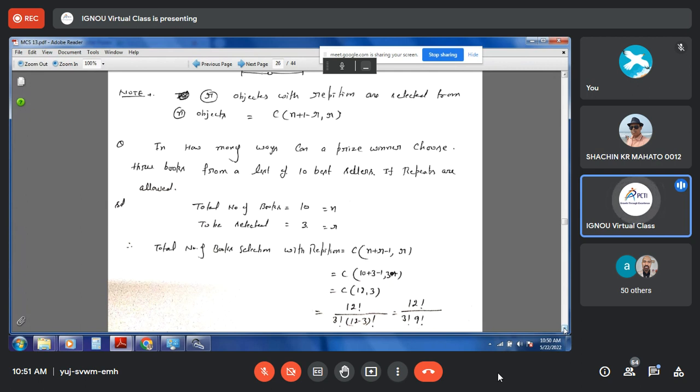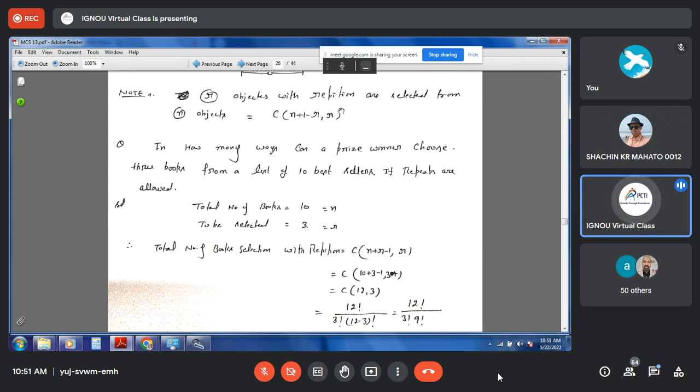So in combination, also remember the possibility of repetition and without repetition. If nothing is written, then it is without repetition. If it is written with repetition, then the formula changes.